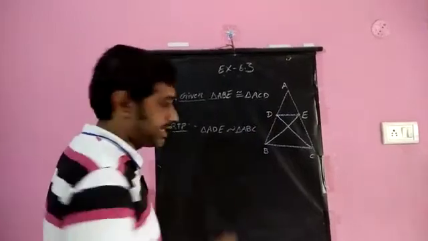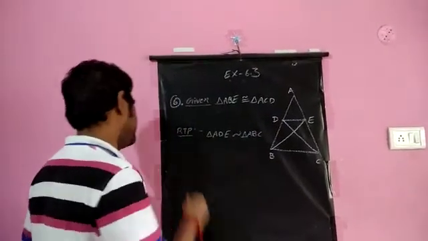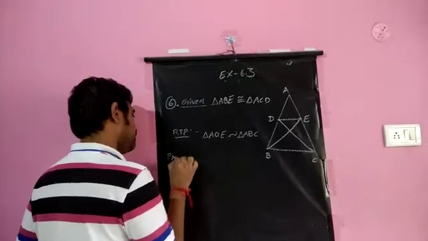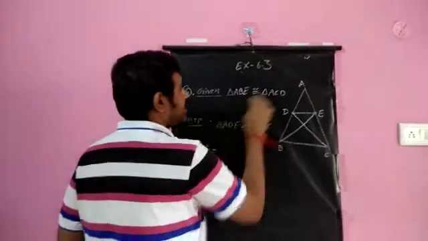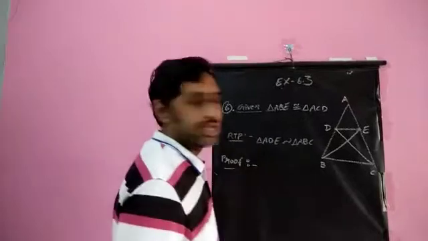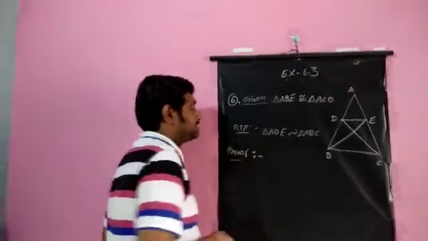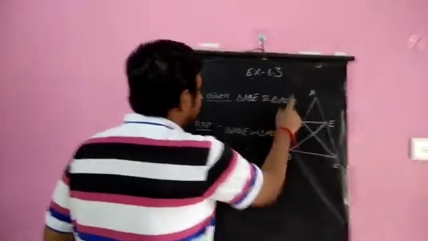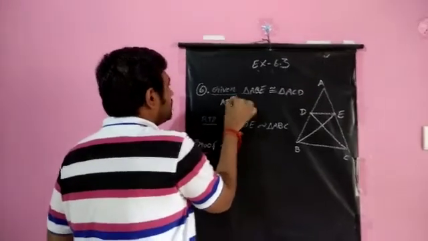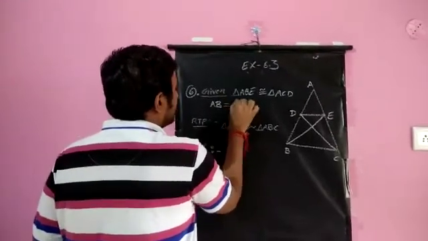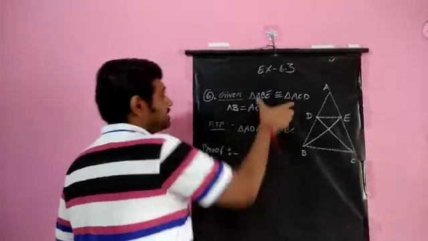The similarity criteria, we are solving it the same way. If we move further in order to prove this, in this congruent triangle, the corresponding sides are equal. If I write that corresponding sides are equal, triangle ABE and ACD, here we write the combination: AB will be equal to AC as corresponding sides in these two triangles.